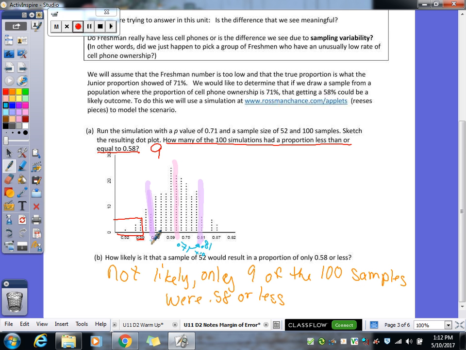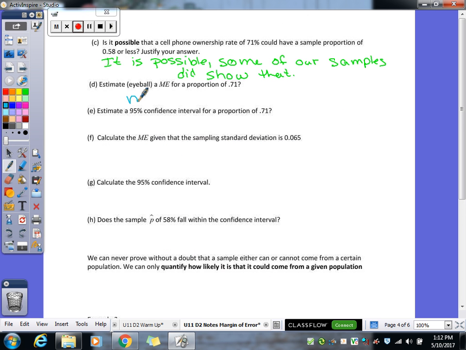This one is approximately at 0.61, so I subtracted my 0.10 to get down there. So our margin of error was how much? 0.10. So our margin of error was 0.10 based on our approximation on our graph there.